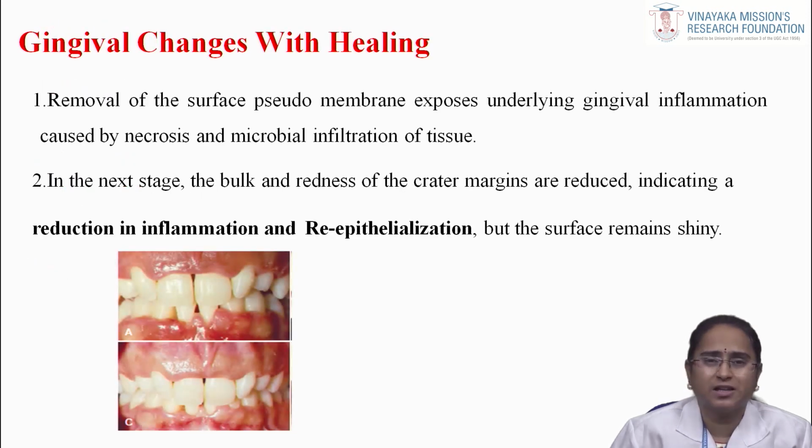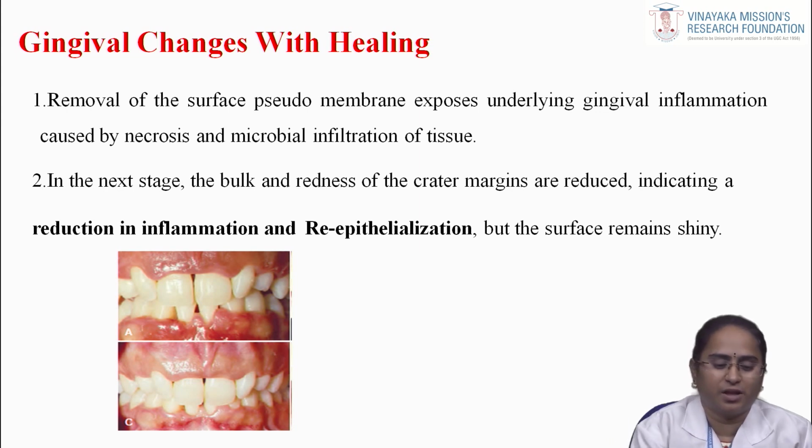Coming to the gingival changes with healing, after removal of the pseudomembrane, the inflamed gingiva will be exposed, which will be erythematous because of engorged capillaries in the connective tissue. At the second visit, the bulk and redness of the gingival margins will be reduced, whereas in this picture it is the first stage. This is the second appointment, where the bulkiness and redness of the gingiva has been reduced.